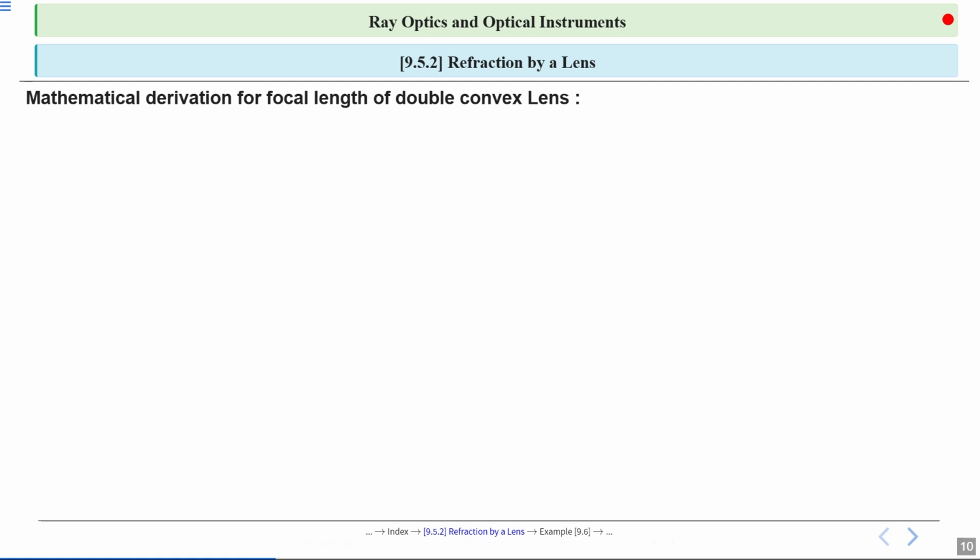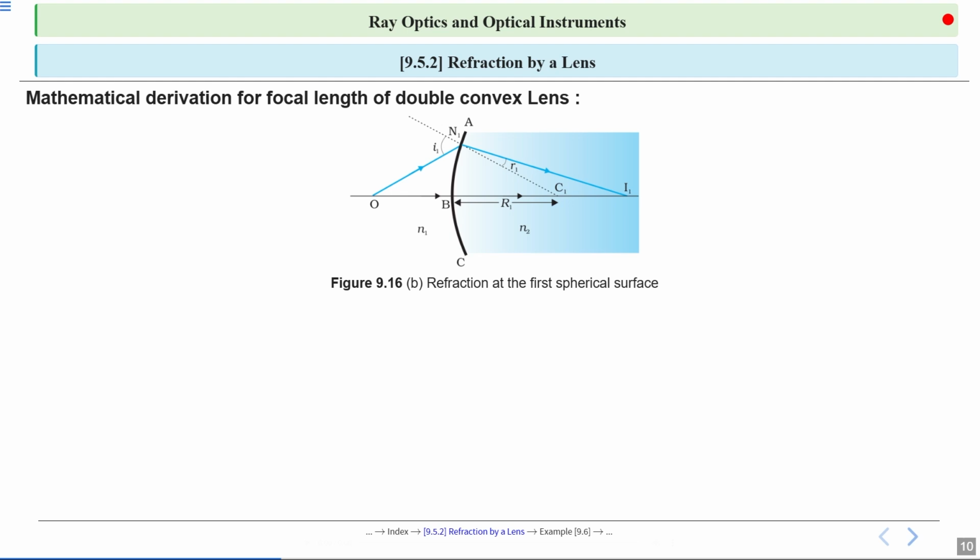Now we will do the mathematical derivation for the focal length of a double convex lens. This is the refraction at the first spherical surface, figure 9.16. For the first spherical surface ABC, we consider that the left side of ABC is one medium having refractive index n1, and on the right side of the spherical surface ABC there is a medium of refractive index n2, which is the refractive index of the lens.